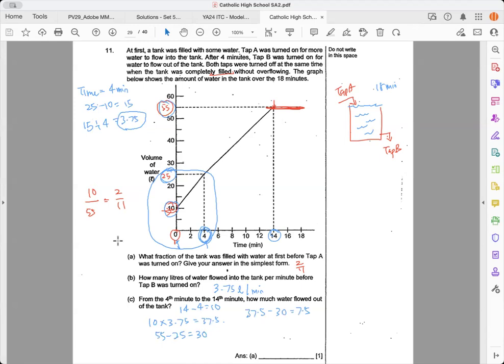That 7.5 liters must be a result of tap B draining out the water over those 10 minutes. If there's no tap B, there will be an additional 37.5 liters of water. But because tap B is draining out water, the water level only rises from 25 to 55, which is 30 liters. So there's 7.5 liters missing, and the 7.5 liters is the amount of water that flowed out of the tank. So the answer is 7.5 liters.